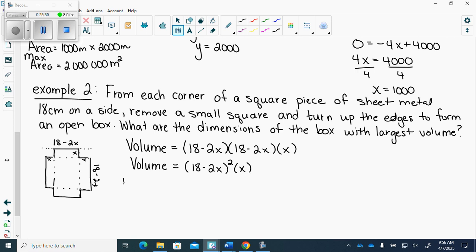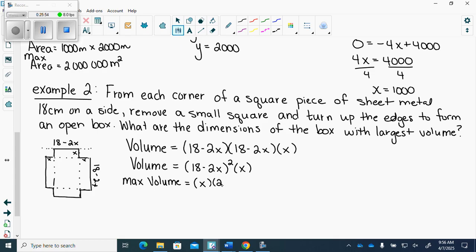So I need to find the first derivative. I could expand this and then do power rule, or I could do product rule, then expand after. It doesn't really matter which route you go. So this would be g times f prime with the chain rule.